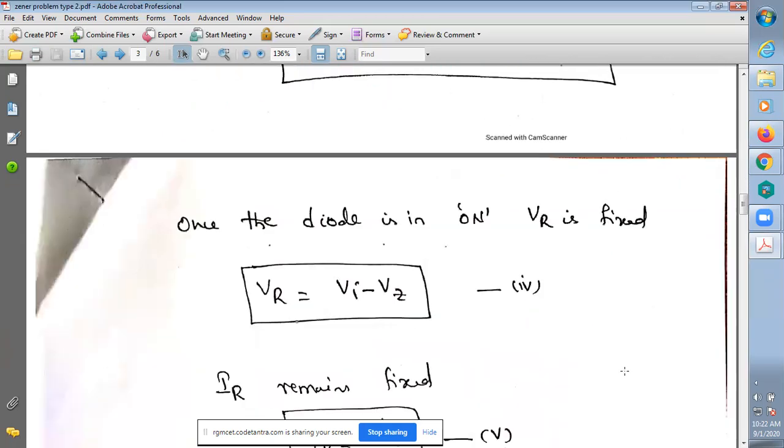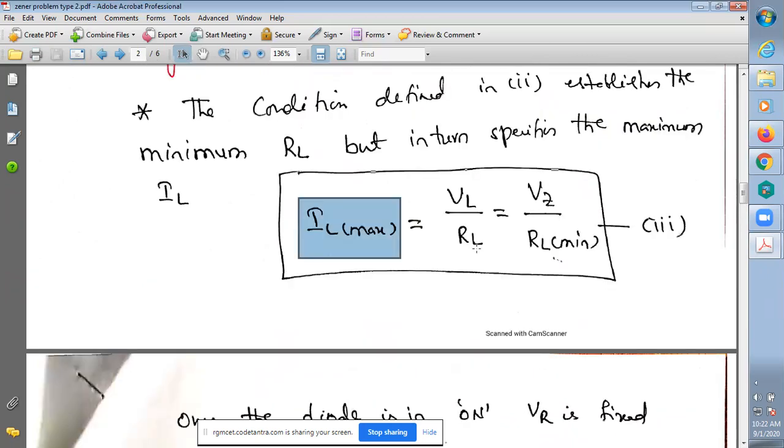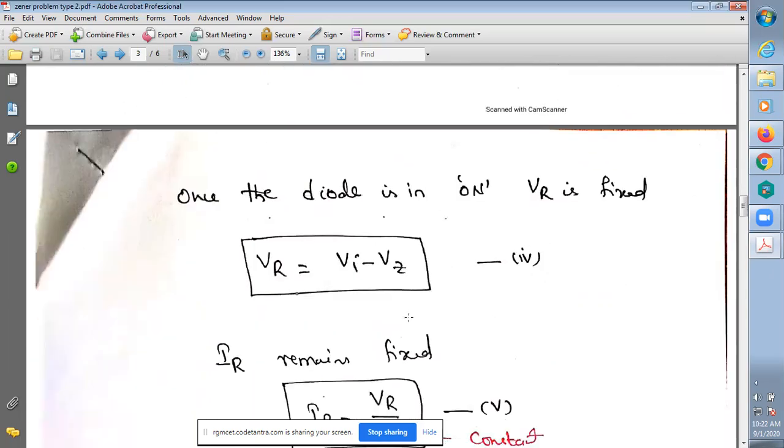Okay. Now we have to calculate the minimum current, over the maximum load. Once we know the maximum load, you will get the minimum load current, right? Observe here how to calculate the maximum resistance. Once the Zener diode is on, the voltage is fixed, right?